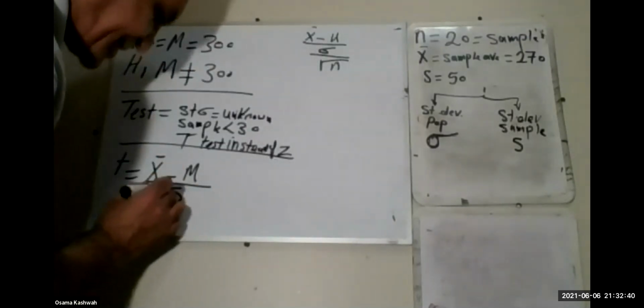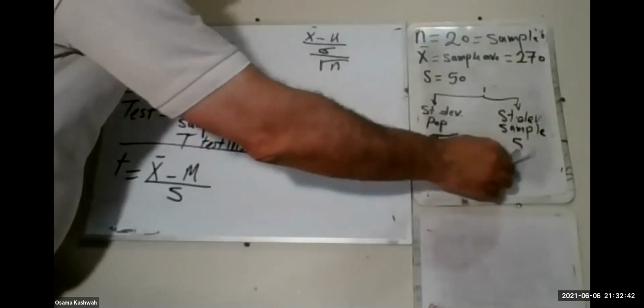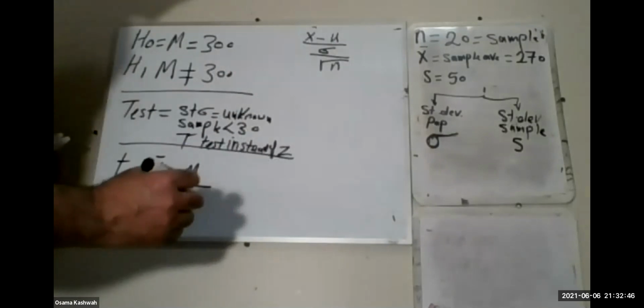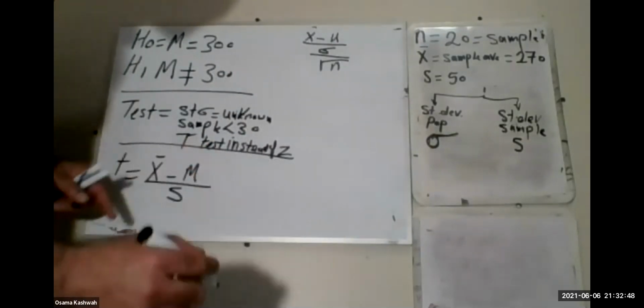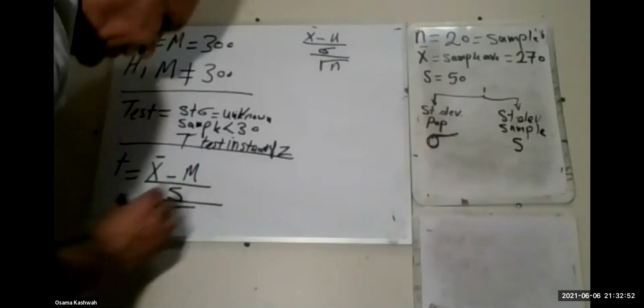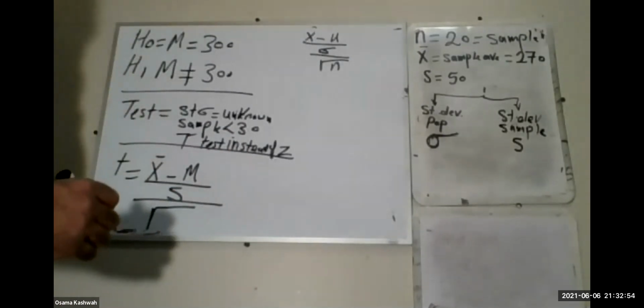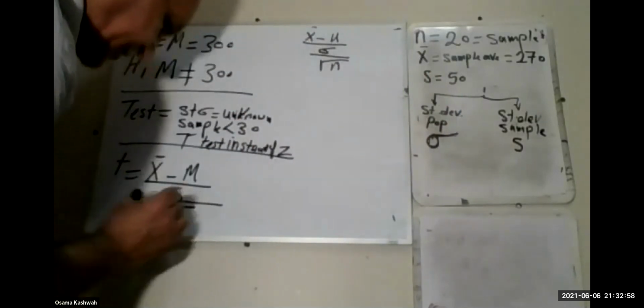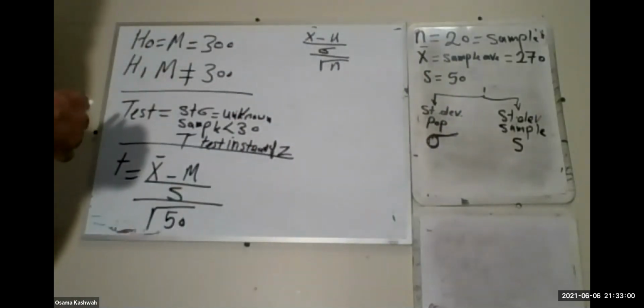So we use S instead of sigma, because I don't have the standard deviation of the population, divided by the root of n. What is n here? The n equals 50.